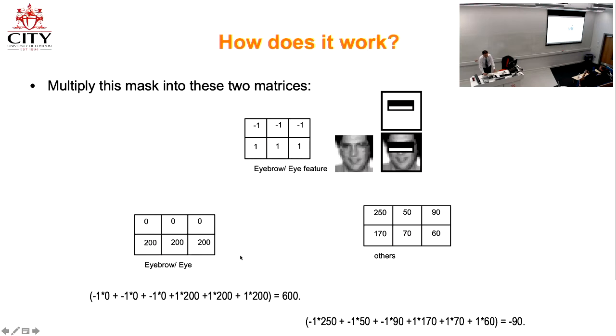So if the sum of this multiplication is over a threshold, which we will find out from experience, then we will be able to say, I have probably found an eye-like area.